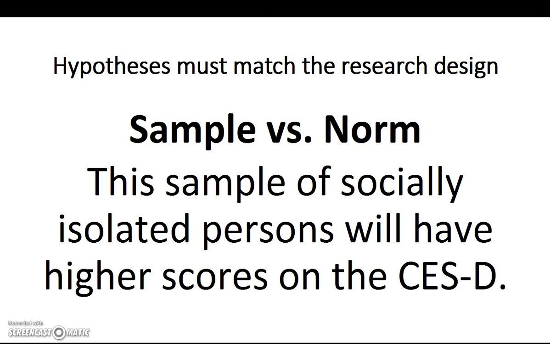The hypothesis might be this: a sample of socially isolated persons will have higher scores on the Center for Epidemiological Studies Depression test. In other words, higher than the norm, higher than the average score for adults on this particular test.